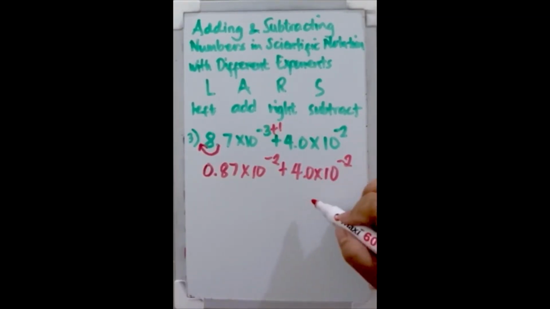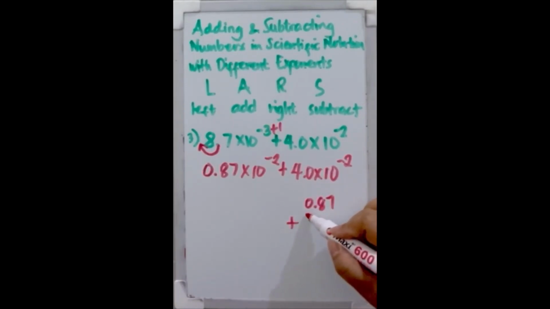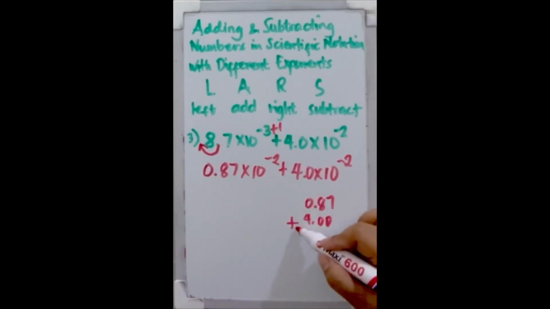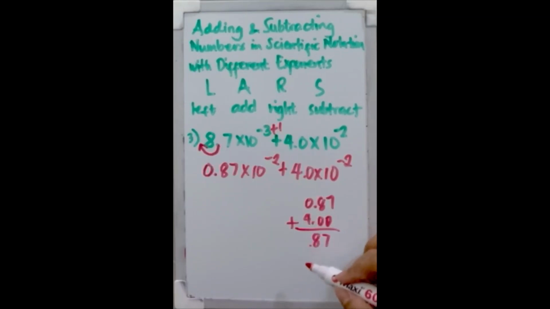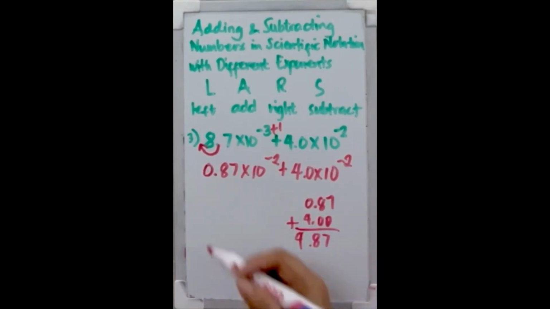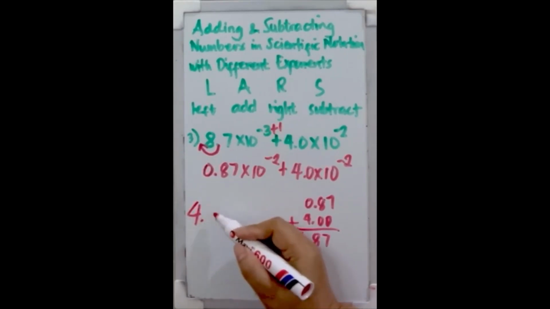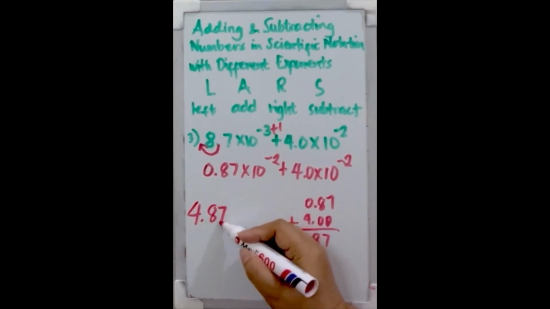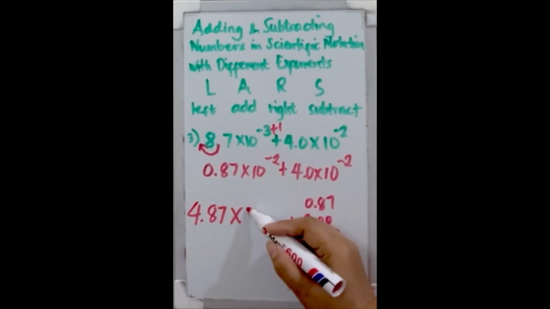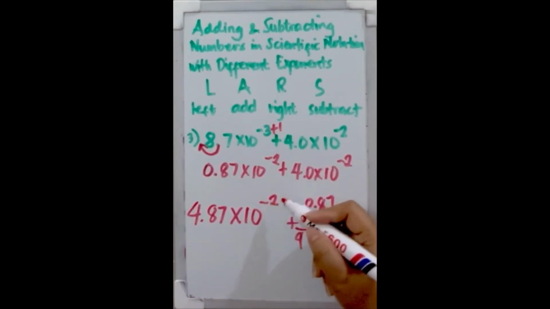We can now add 0.87 plus 4.0. Let's add another 0 there. So, this is 7, this is 8, and this is 4. So, our answer here is 4.87 times 10 raised to negative 2.